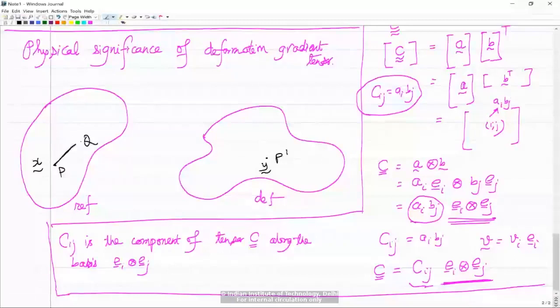And suppose that this line has got P and Q as the two ends. Okay. So this Q has position as X plus, let us say, delta X. Okay, so delta X being the vector from P to Q.